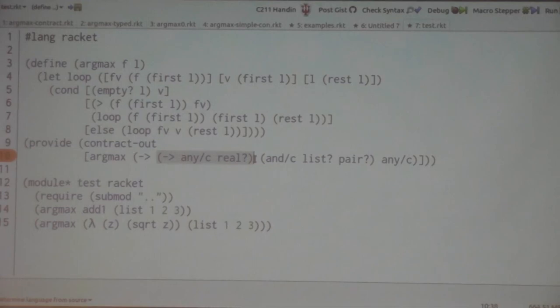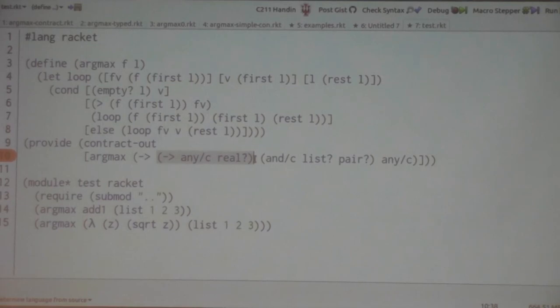So this is a way in which contracts are quite different than some other ways of doing specification, such as types. We're going to allow this program to succeed, even though in other contexts, square root does not meet this specification. In fact, square root really doesn't meet the specification that I've highlighted.